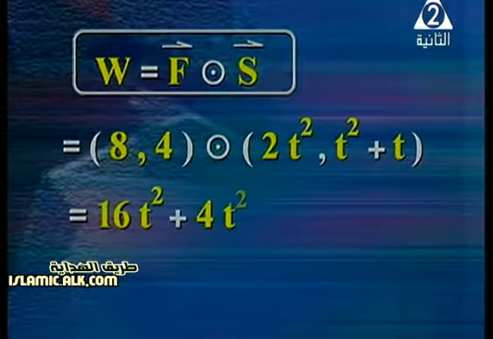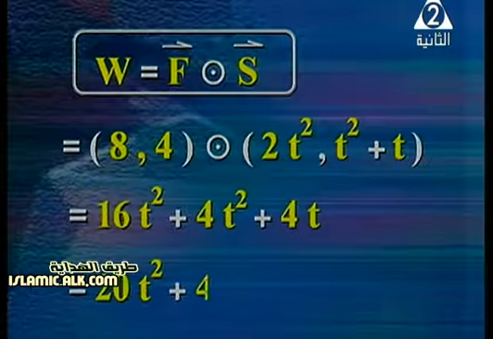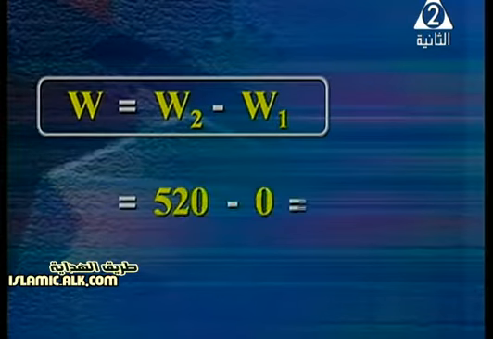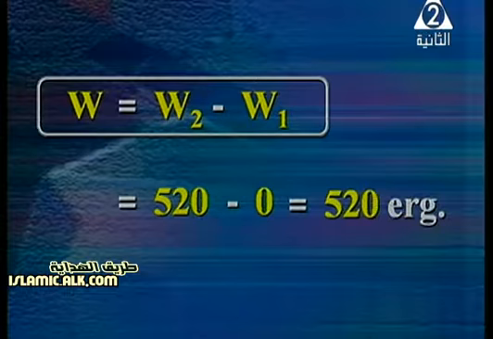Then the work equals F scalar product S. By using the scalar product, we find the work done equals 2t squared plus 4t. By using t equals 0, we find W1 equals 0, and t equals 5, W2 equals 520. Then we find the work done, W2 minus W1, equals 520 joule.